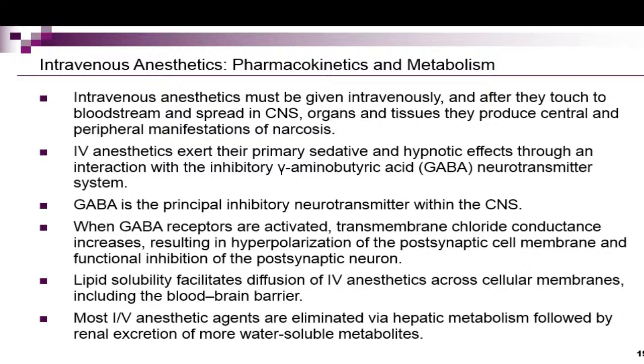GABA is the principal inhibitory neurotransmitter inside the CNS. When the GABA receptors are activated by non-inhalation anesthetic intravenous drugs, transmembrane chloride conductance increases, resulting in hyperpolarization of the postsynaptic cell membrane and functional inhibition of the postsynaptic neuron.